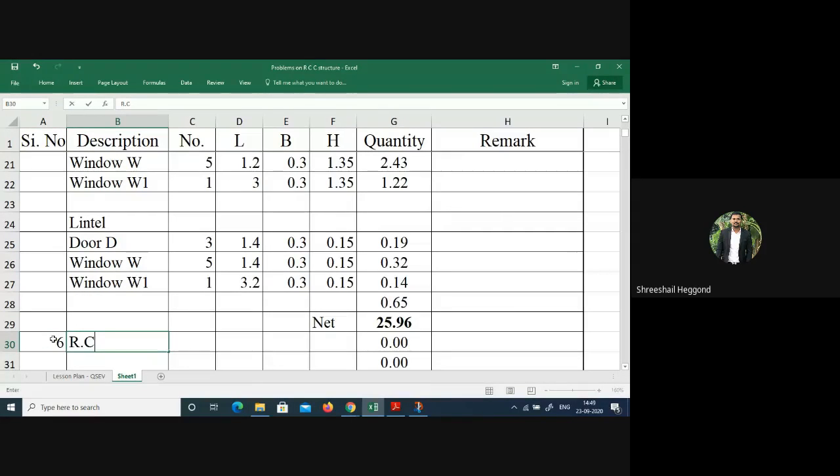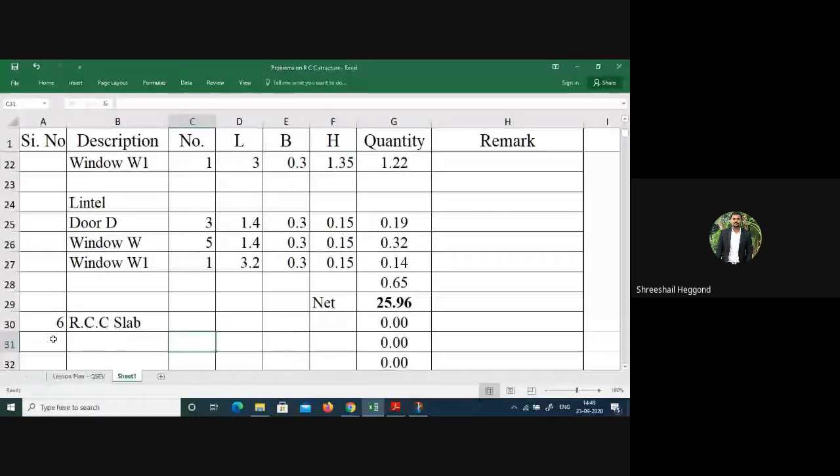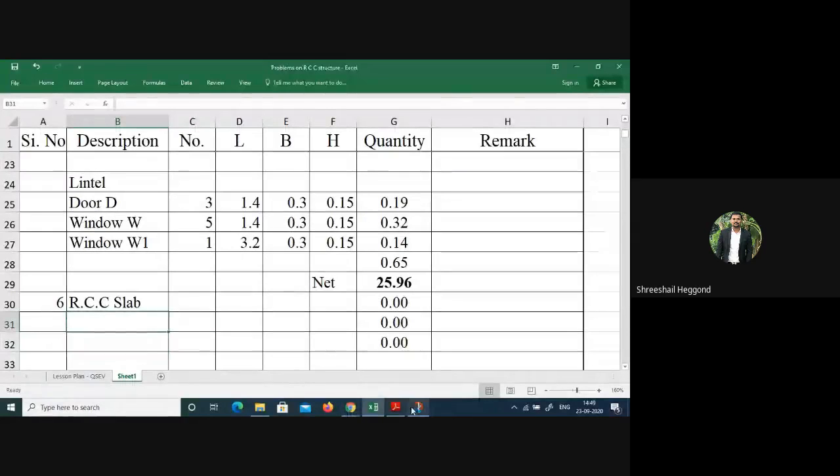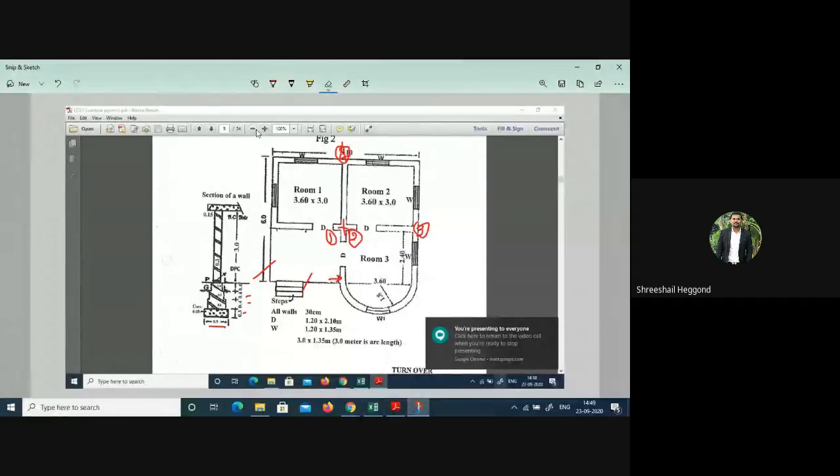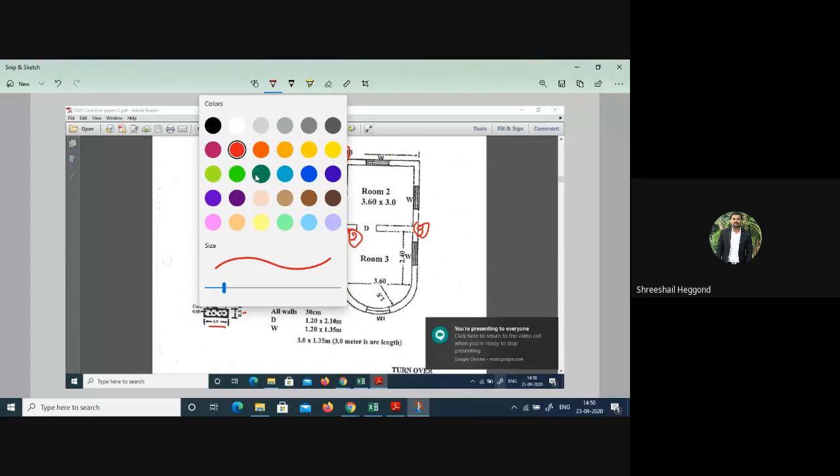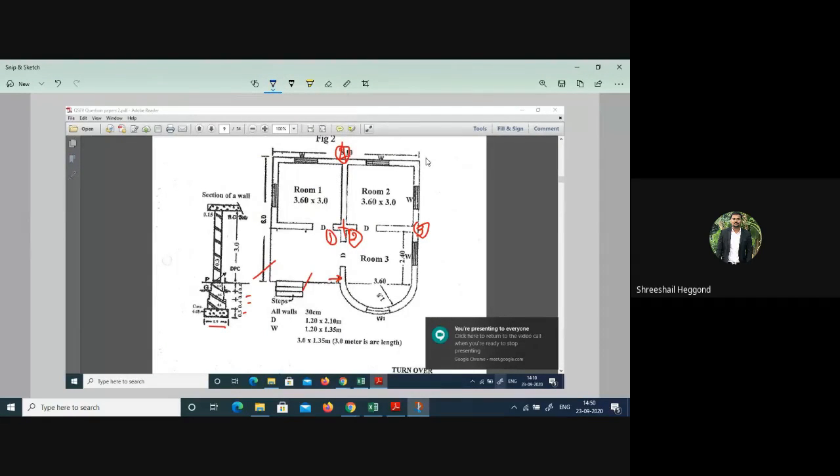Next is the slab. First, we'll consider the rectangular portion, that is room 1 and 2 combiningly, the blue line one.